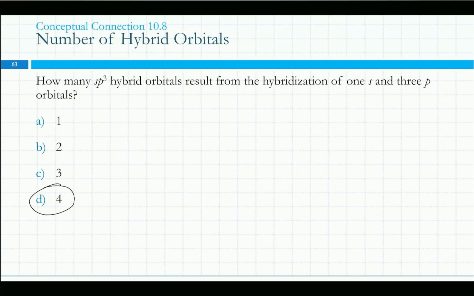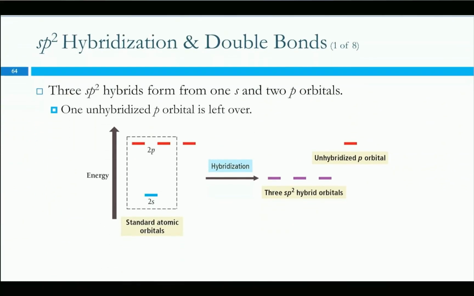So the total number of orbitals doesn't change. We just remix them. It's 1 s plus 3 of the p orbitals, and that gives you the sp3.